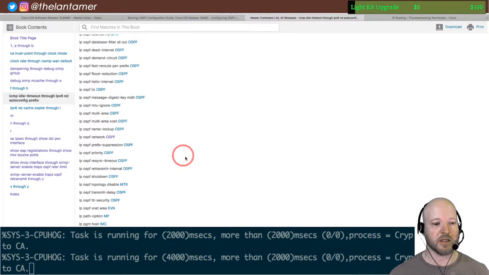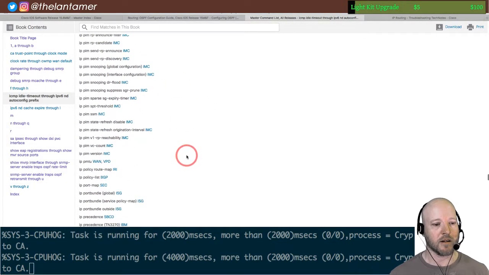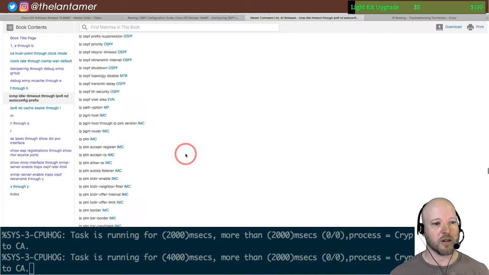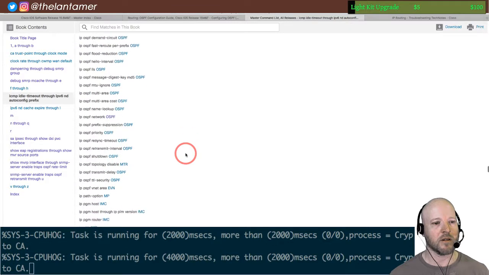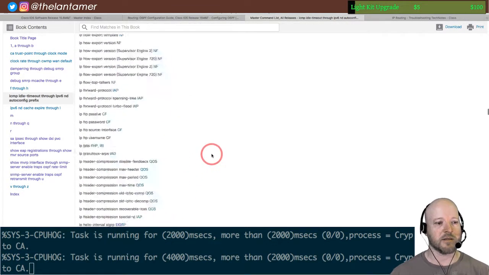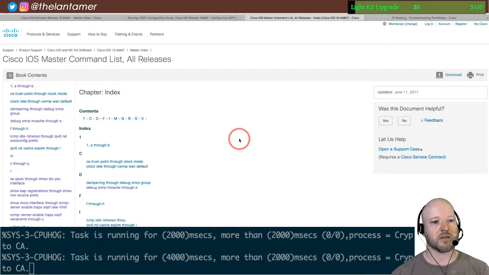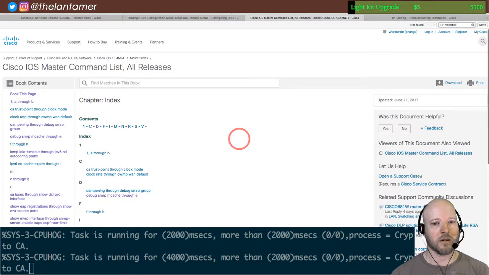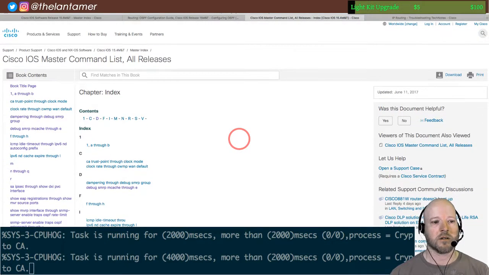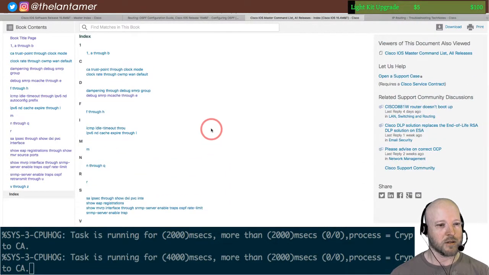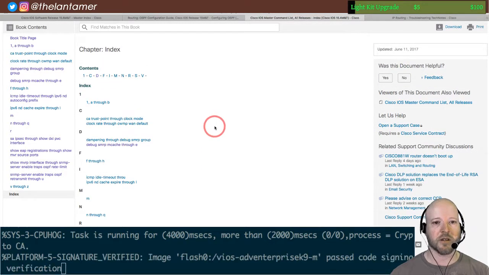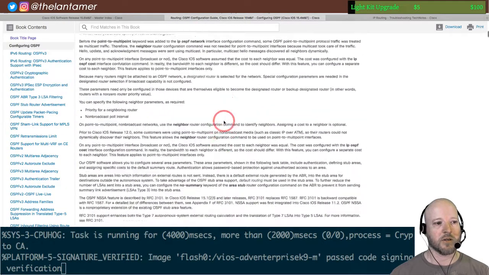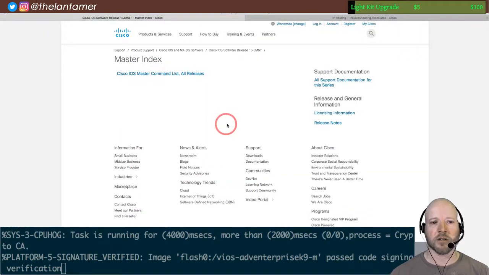Okay, so let's look at the neighbor statement here. I'm not sure if it's just IP OSPF neighbor. No. Let's find it with the master index. OSPF. I may have to get a little sneaky here.